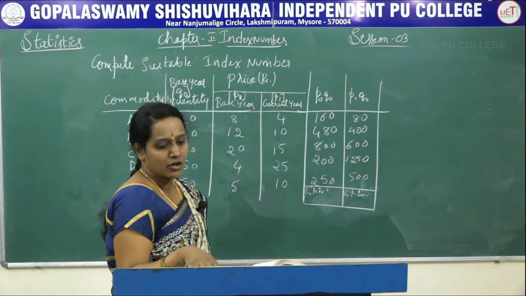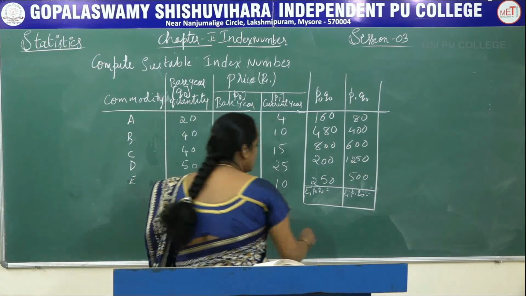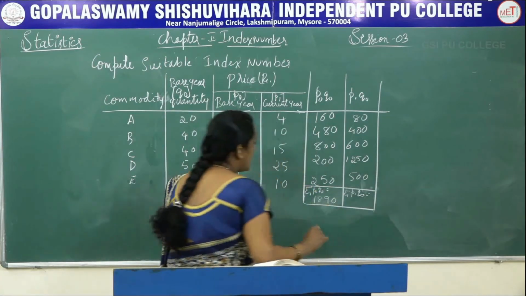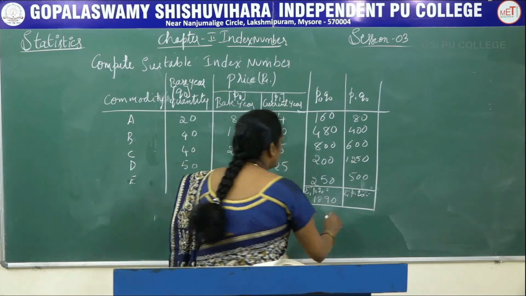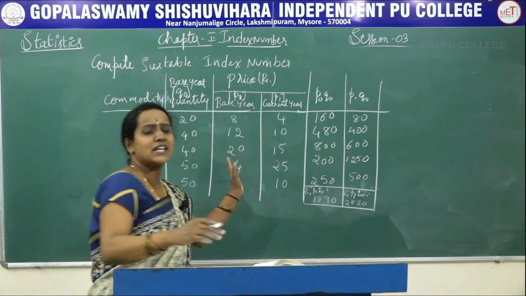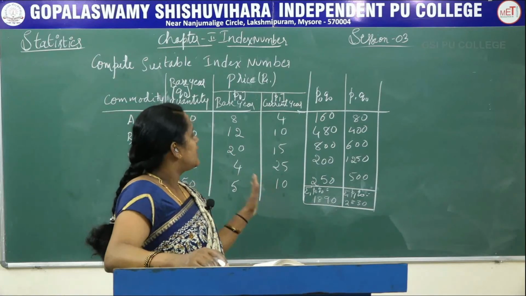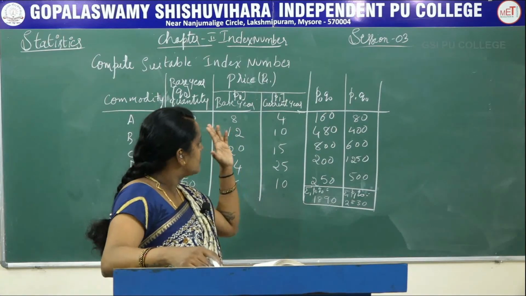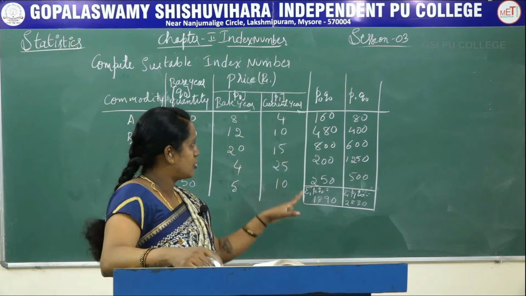So summation of P0Q0 is 1890 and summation of P1Q0 is 2830. You just observe this. Here we are having data on P1Q0 and P0Q0.